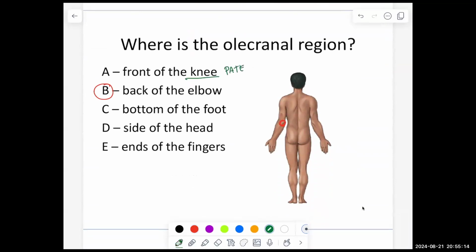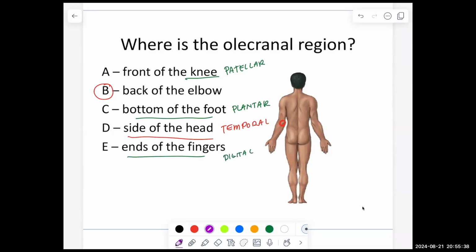Patellar. The bottom of the foot, you guys said it. The side of the head. Temporal, very good. Ends of the fingers. Digital.